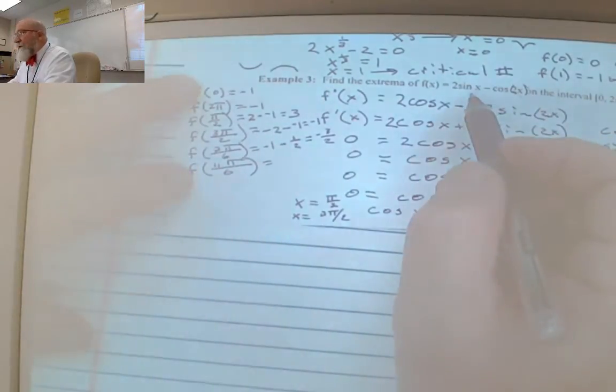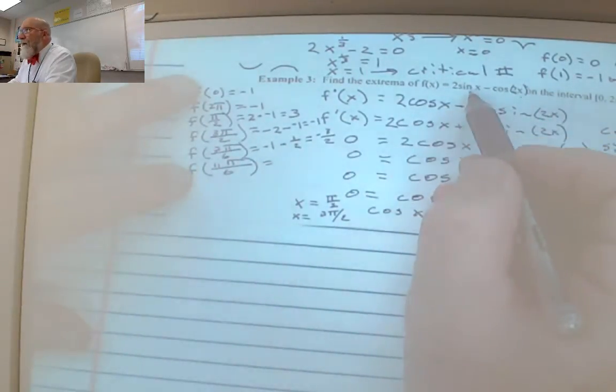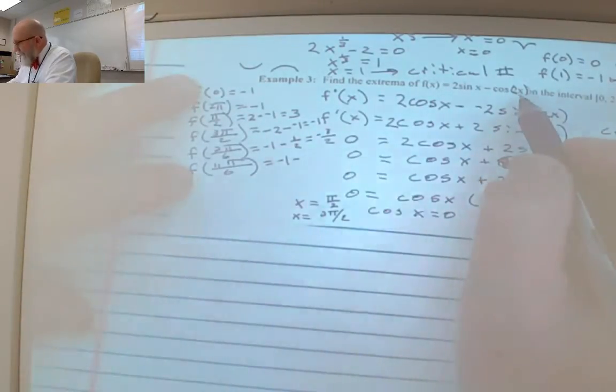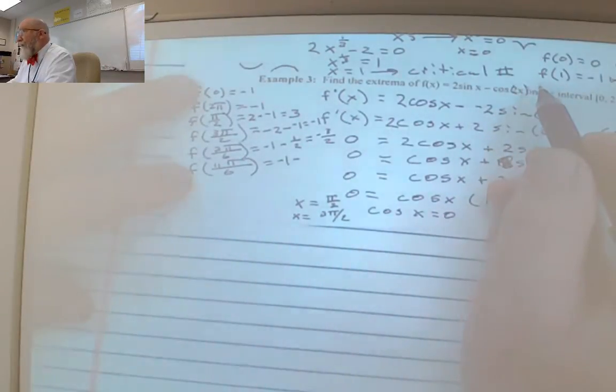11 pi over 6. Well, what's the sine of 11 pi over 6? We should know this. Negative 1/2, so that's a negative 1, minus, okay, where is 11 pi over 3? Well, 6 pi over 3 is 2 pi. 12 pi over 3 is 4 pi.